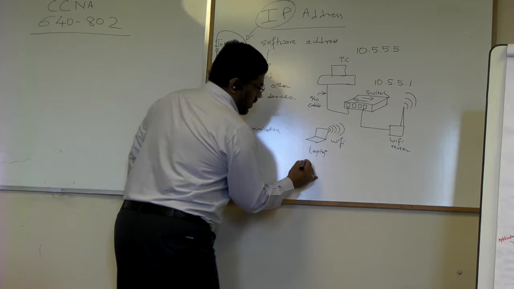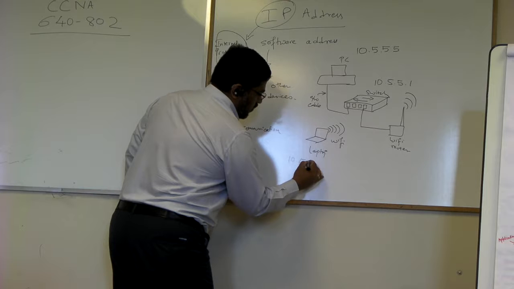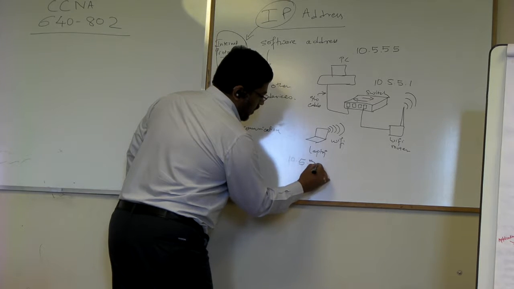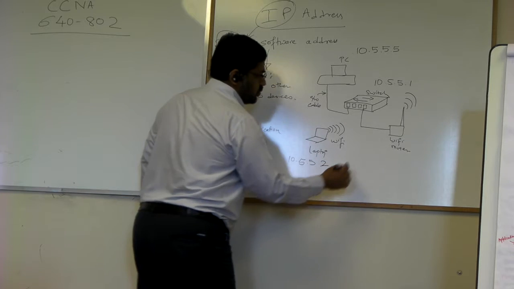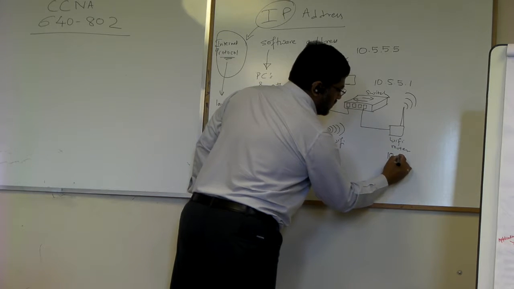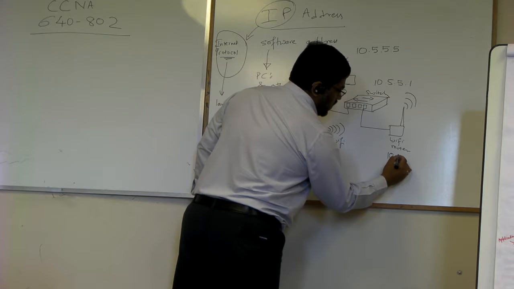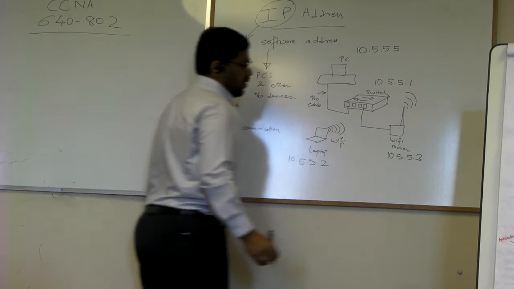The Wi-Fi laptop has an address 10.5.5.2. And the router itself has an IP address, say for example 10.5.5.3.